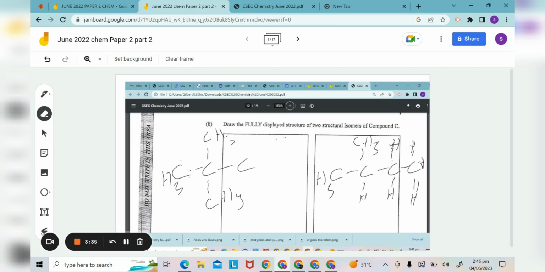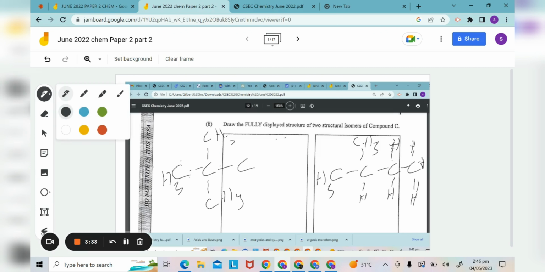So you need to have it looking like this, right? You need a hydrogen there, hydrogen there, hydrogen there. And that's going to be the same thing for this. This is CH3, this is CH3, this is CH3. But it must look like this over here. I'm just showing you this for simplicity, just for the purpose of the video. But when they say fully displayed structure, that's what you need to do.